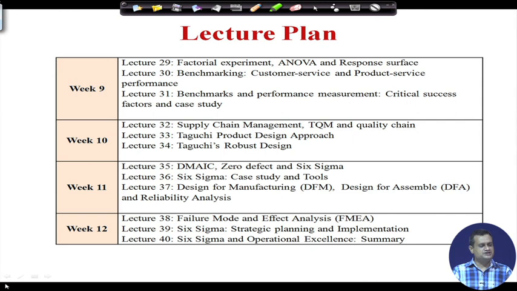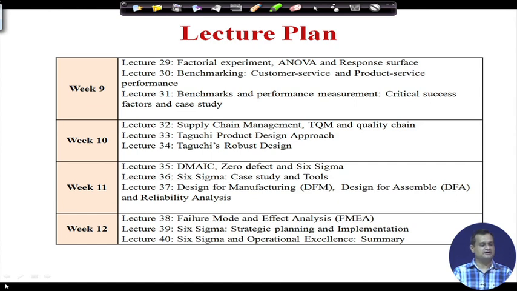Then in week 10 you will study lecture 32, supply chain management, TQM and quality chain, lecture 33, Taguchi product design approach, lecture 34, Taguchi's robust design. Week 11, lecture 35, DMAIC, Zero Defect and Six Sigma. Lecture 36, Six Sigma Case Study and Tools.